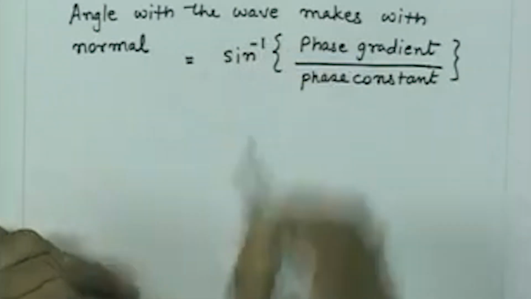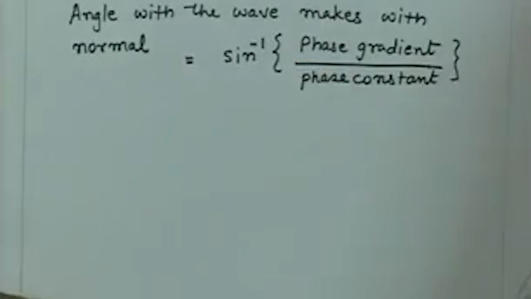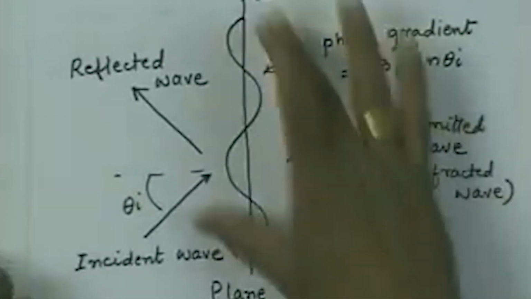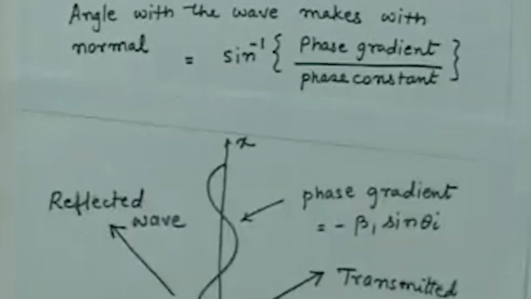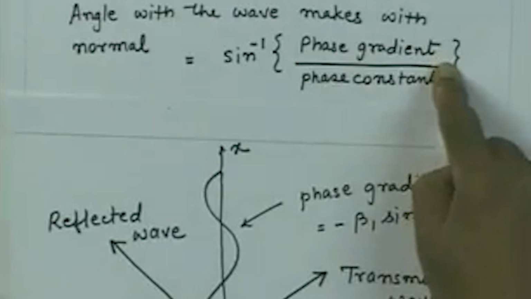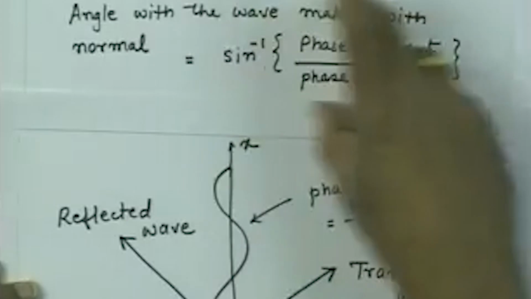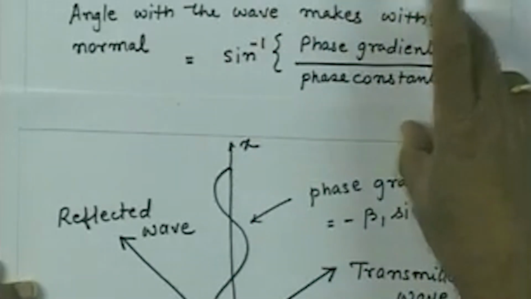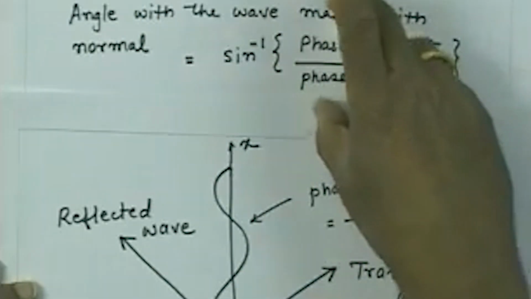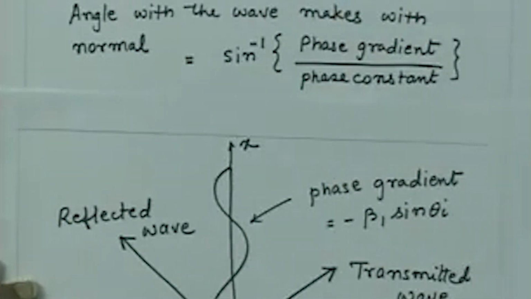So if somebody has given me the phase gradient, then I can take that phase gradient, divide by the phase constant in that medium, take the sine inverse of that quantity, and that essentially gives me the direction of the wave motion in that medium.